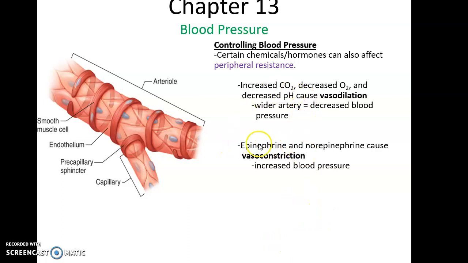If, on the other hand, the arteries are detecting the hormones epinephrine or norepinephrine, commonly known as adrenaline, this will lead to vasoconstriction, and that will cause the lumen, the space in the arteries, to be smaller, and that would increase blood pressure. Decrease blood pressure so that blood is present in these areas to allow for exchange. Increase blood pressure because we are scared or angry and want blood to flow quickly to the different places it needs to go.